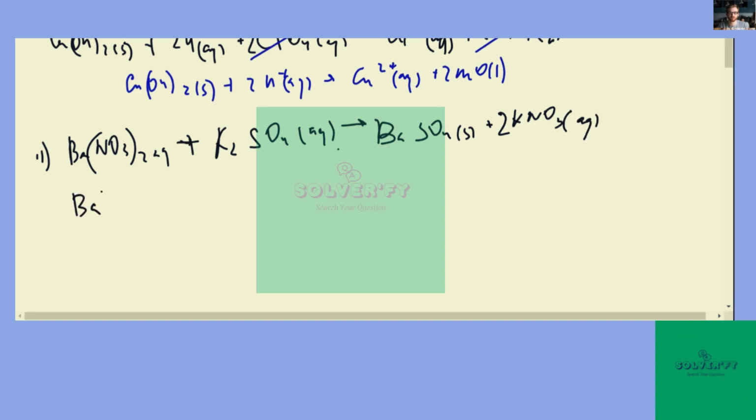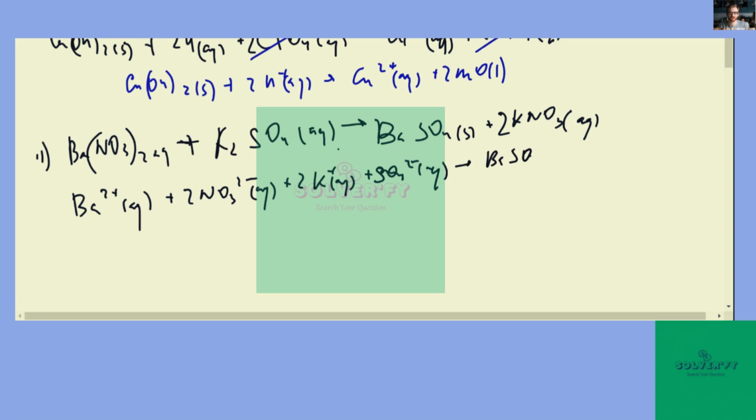Now let's write down the complete ionic equation. Barium sulfate is solid, but potassium nitrate dissociates into corresponding ions.